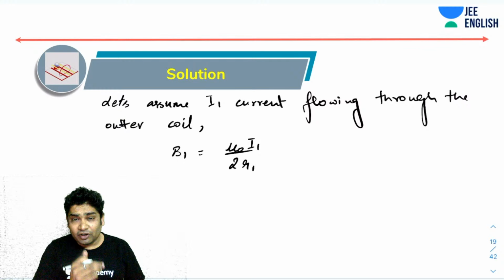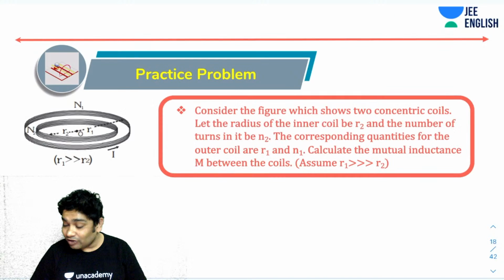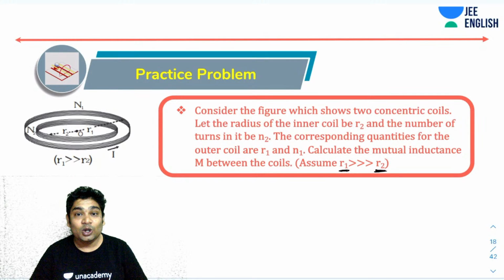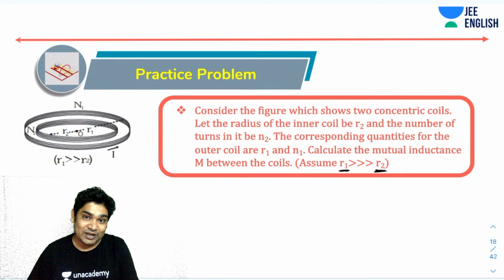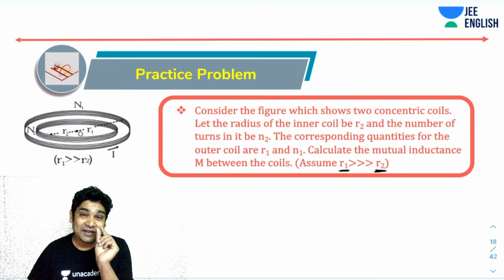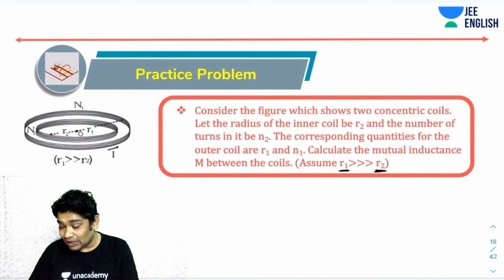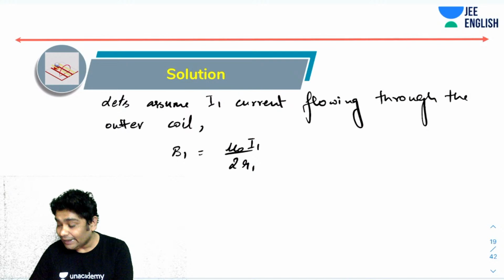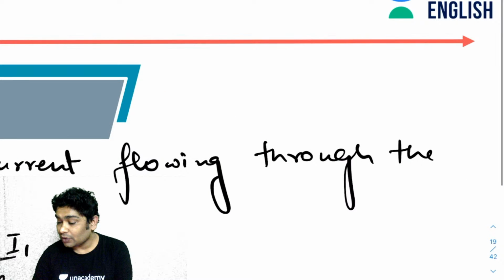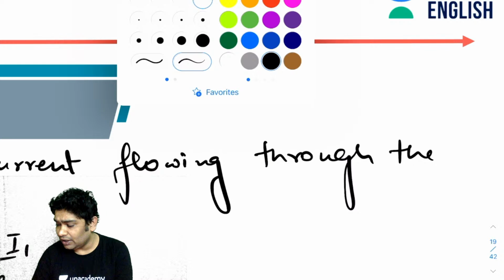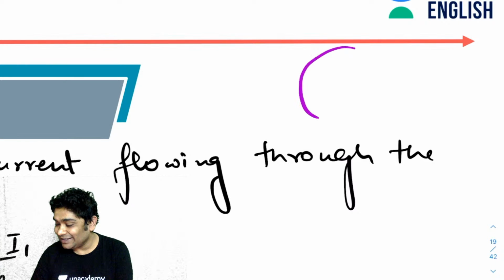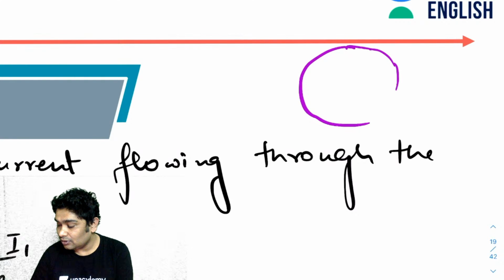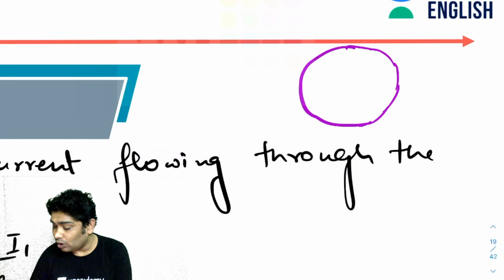Now, you have been told why I'm calculating this for the center. You have been told to assume R1 is much, much greater than R2. So R2, though in this diagram it appears very big, you have to assume is very, very small. Let's imagine the outer coil would have appeared like this, and the inner coil is so small that it appears to be almost at the center.